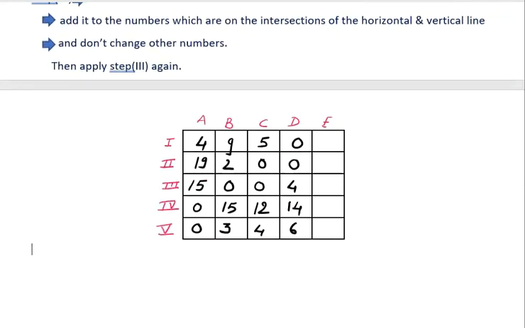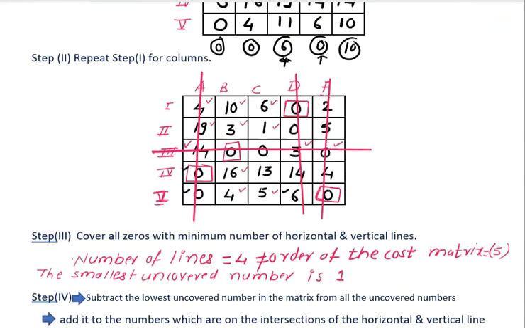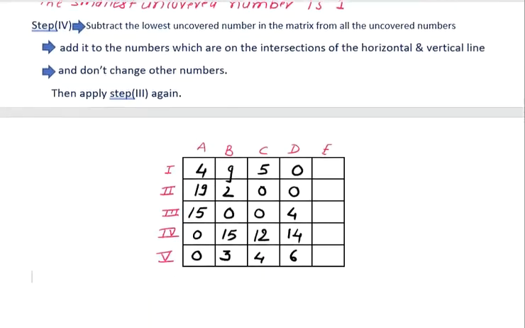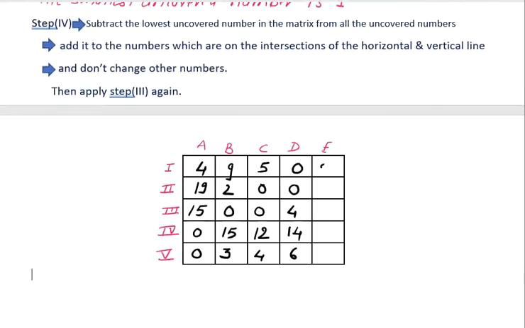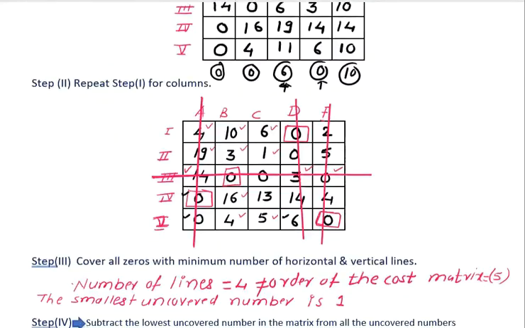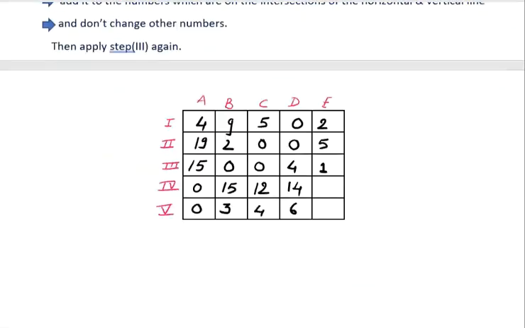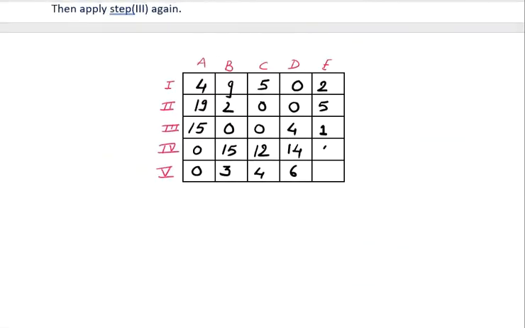Let us write down the entries in the last column. 2, 5 as it is, 0 plus 1. We add 1 on the intersection. So 2, 5 and 1. The other two numbers are 4 and 0. Do not change 4 and 0. So this is step number 4.